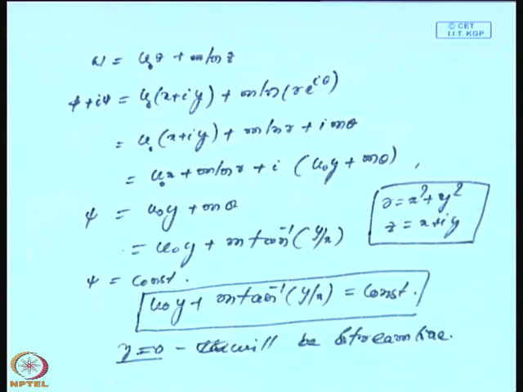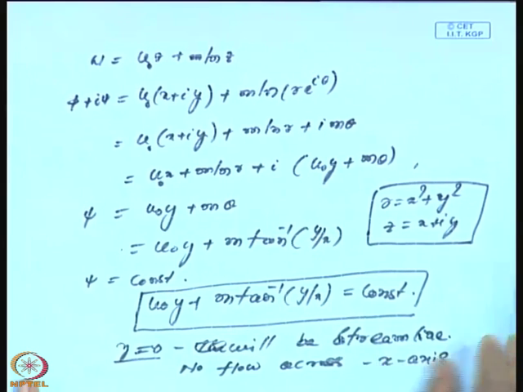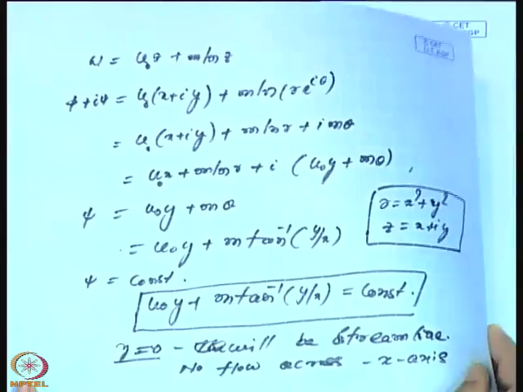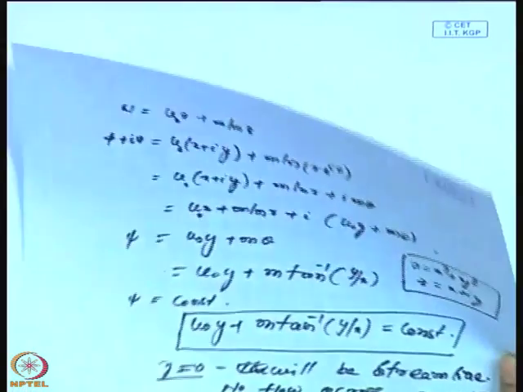This is an example where, when there is a stream and a uniform flow, we can have a stagnation point in the flow on the x axis, and there will not be any flow crossing the x axis, because the x axis itself behaves like a streamline.